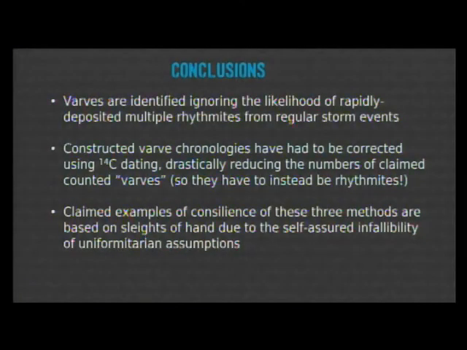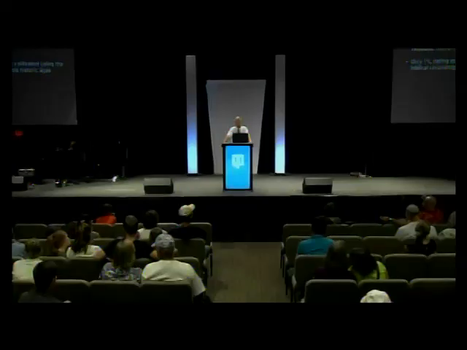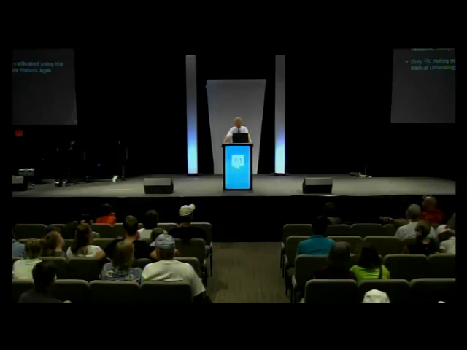And claimed examples of consilience or agreement of these three methods are based on sleights of hand due to the self-assured infallibility of uniformitarian assumptions. The bottom line is, none of these dating methods is reliable, independent or objective. Only radiocarbon dating may yet be objectively recalibrated using the biblical chronology and objects of verifiable historic ages.